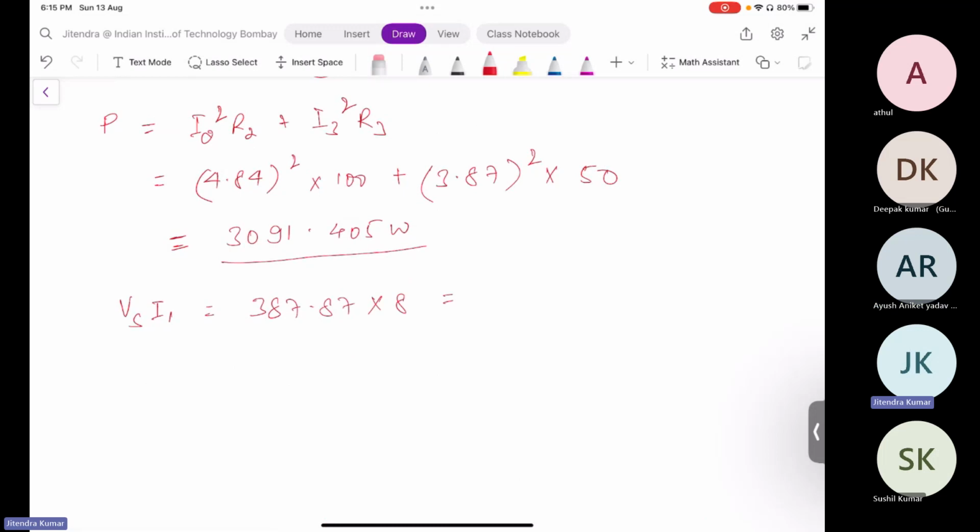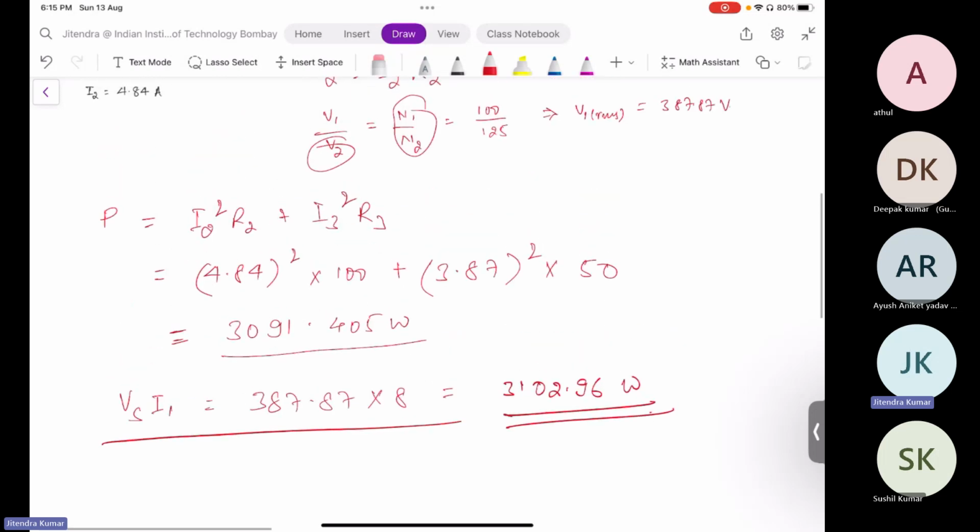And if you compute it, it will again come less, 310.96, 3102.96 watt. Okay. So again, I think they have messed up with the data. That's why again we are getting different values.